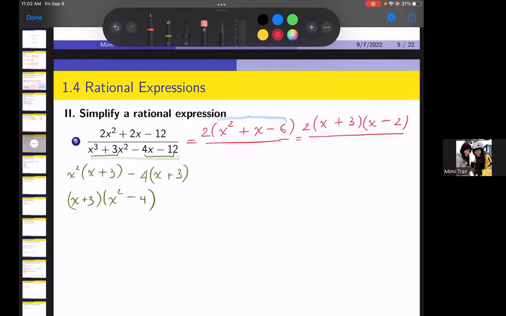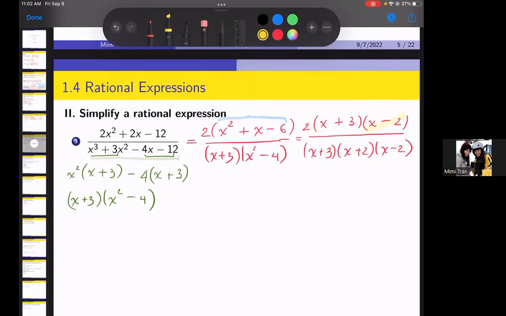And don't stop right there. x squared minus 4, how do I factor that? Yeah, thank you. x plus 3, and we write x plus 2, x minus 2. And now my favorite part, take out the pen and start eliminating.